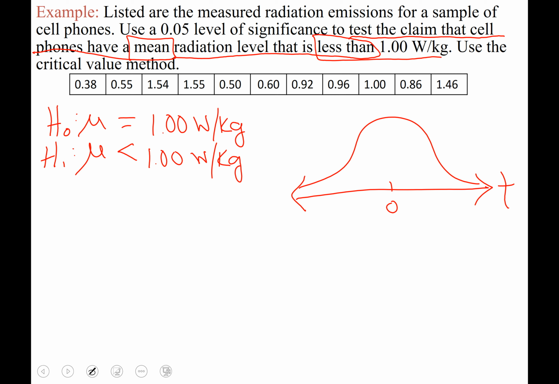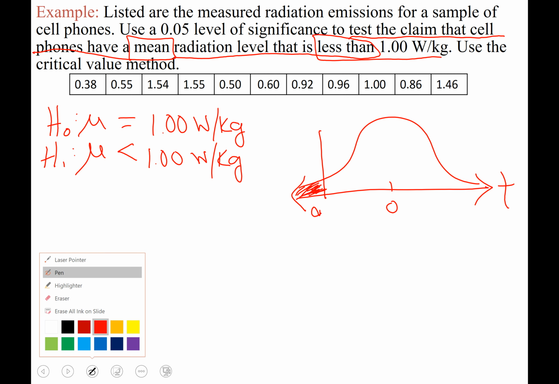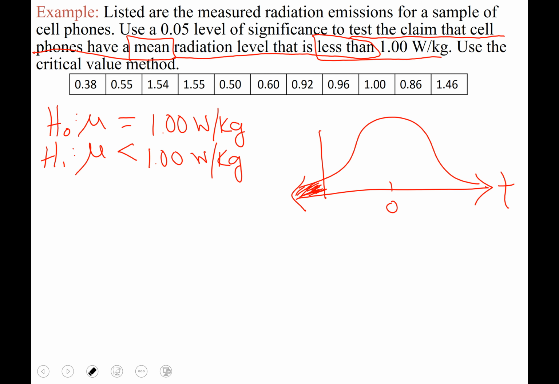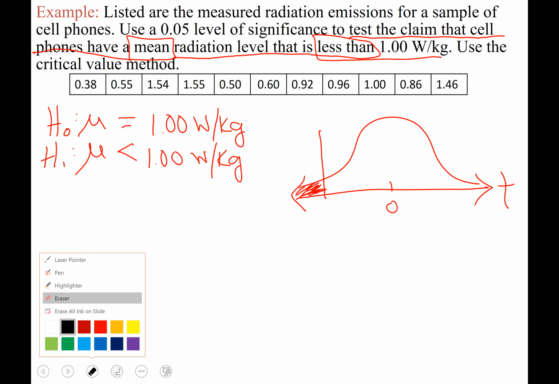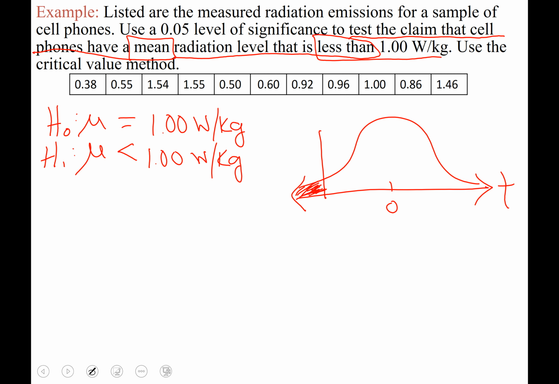Since the inequality was the less than sign, we cut off this tail. That creates the shaded region called the rejection region. The critical value is what creates that rejection region. So we're going to find that critical value right there, and it's going to be negative, as you can see, because it's to the left of 0.